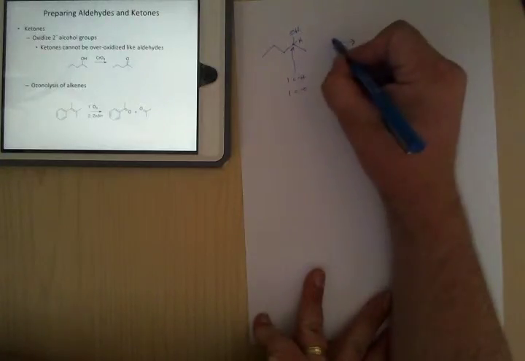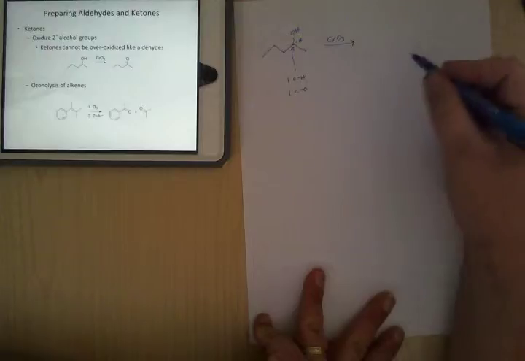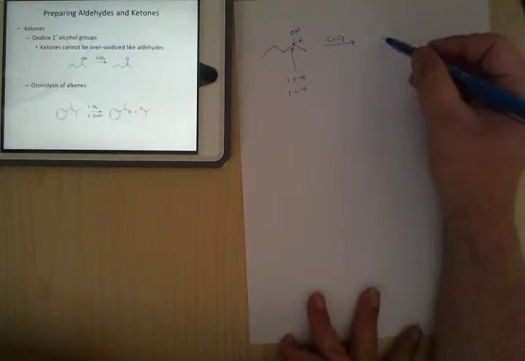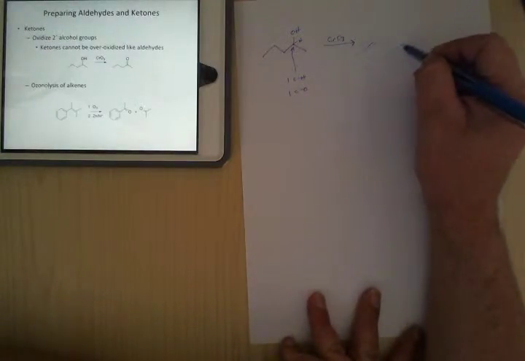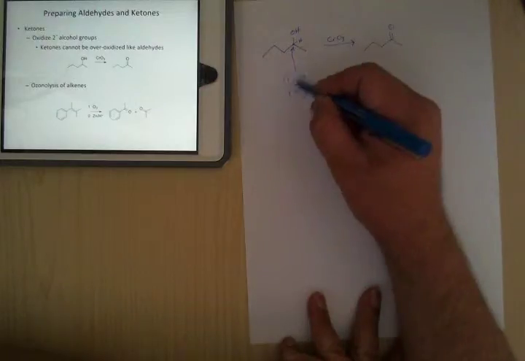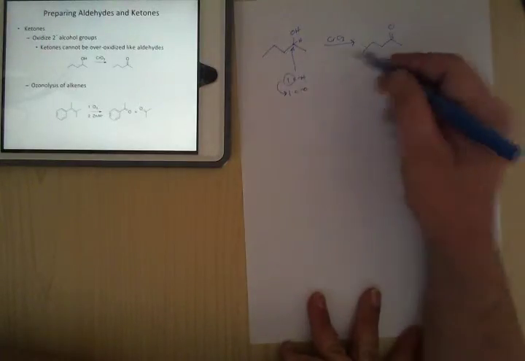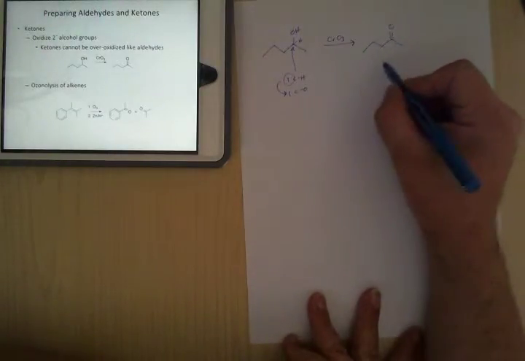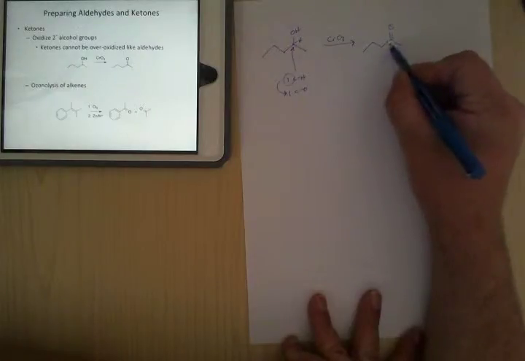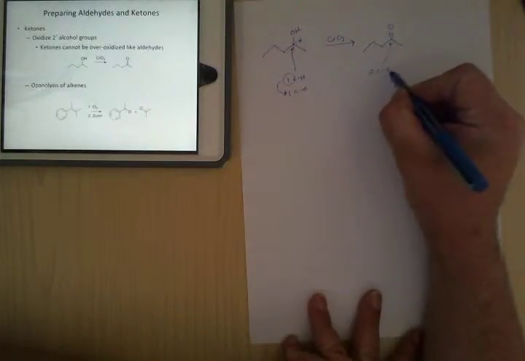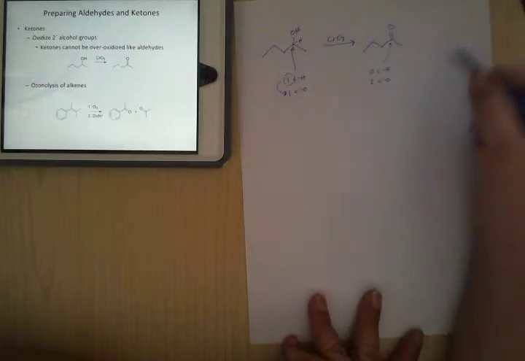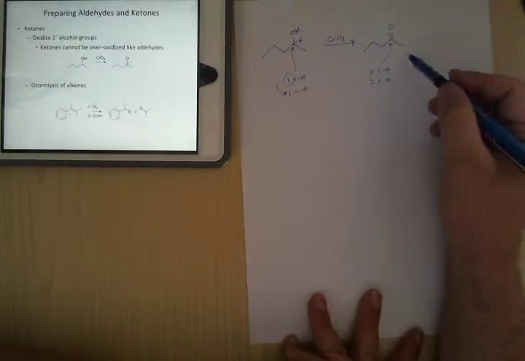If you hit this with chromium trioxide or potassium permanganate, so with that, you can get this here. You're going to convert this guy into here. You convert all of them actually, and so now that carbon has 0 carbon-hydrogen bonds and 2 carbon-oxygen bonds, right? But a ketone.